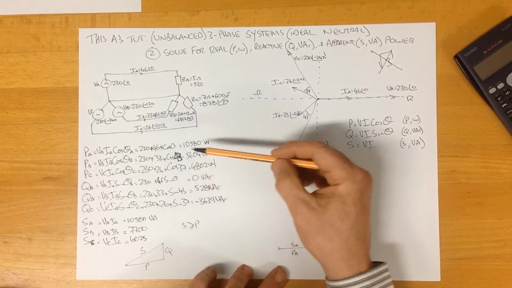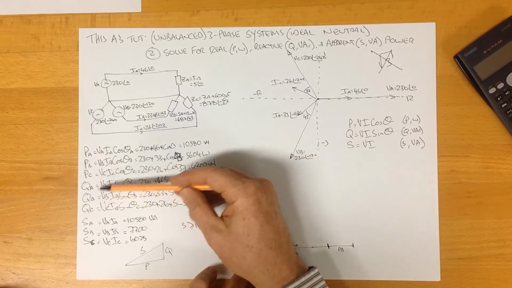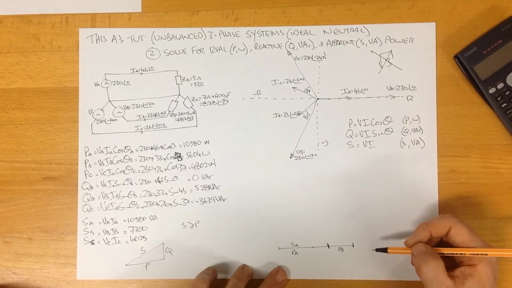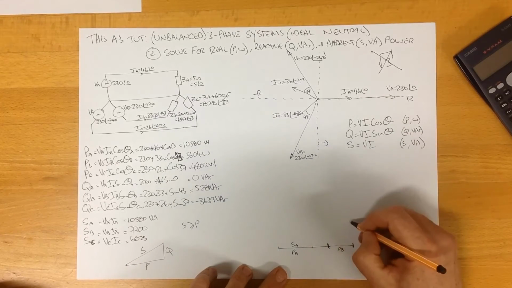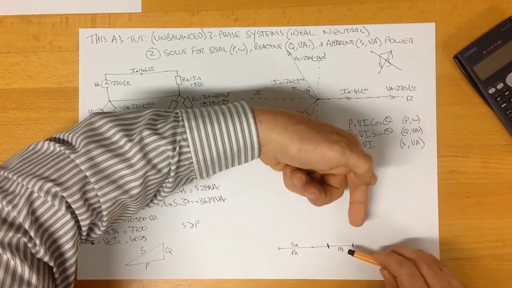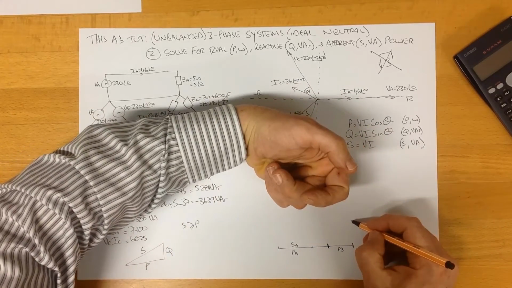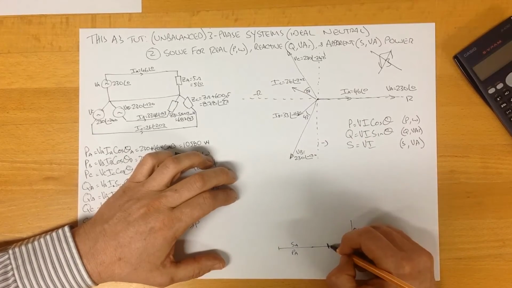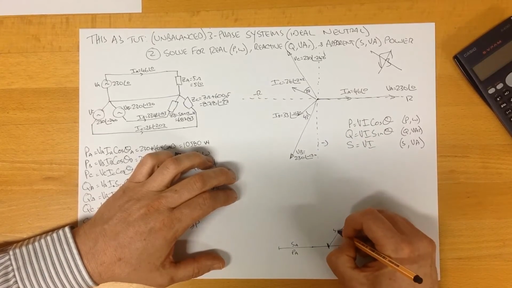Now we have a QB of 5.2, which is roughly the same. So let's mark that value there, it's about one of my knuckle lengths, it's about up here somewhere. And that is SB.